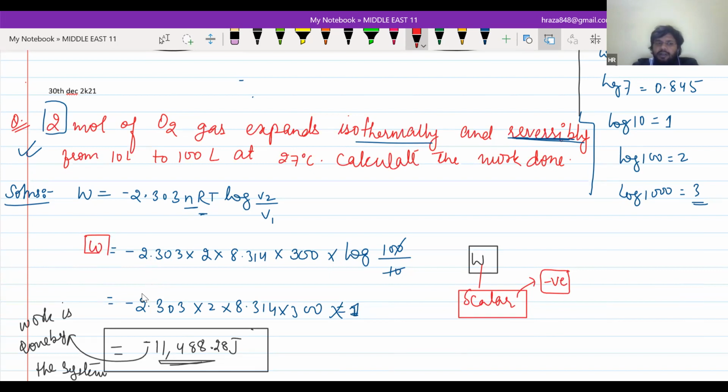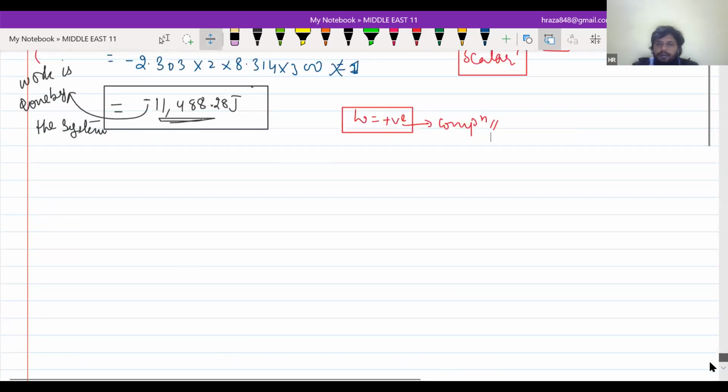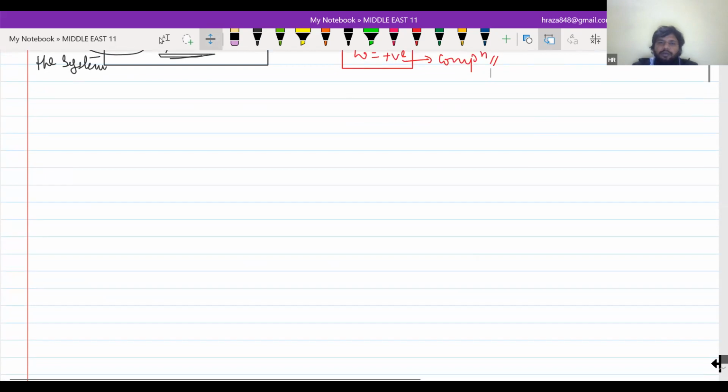It doesn't represent anything; it just says that the work is done by the system or on the system. If negative comes, that means work done by the system, that means expansion takes place. If work done is positive, that means work done on the system and compression takes place. Is that clear, Fawaz? Yes, sir. Okay, moving to the next question. Fawaz, if you have any doubt, ask me.